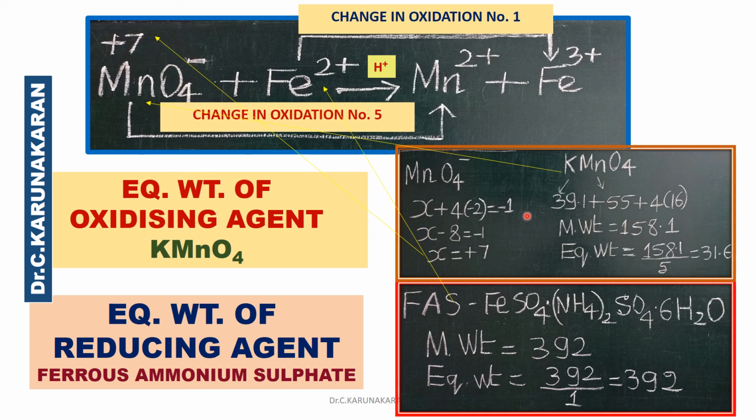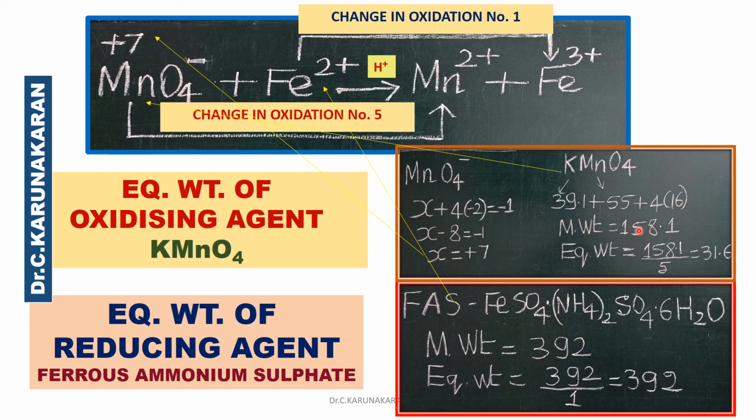Now the equivalent weight of the oxidizing agent KMnO4. The molecular weight is calculated by summing up the atomic masses of all the atoms present in the compound. For example, the atomic mass of potassium is 39.1, plus the atomic mass of manganese 55, plus 4 oxygen atoms times 16, the atomic mass of oxygen.